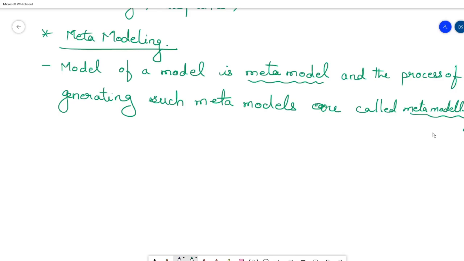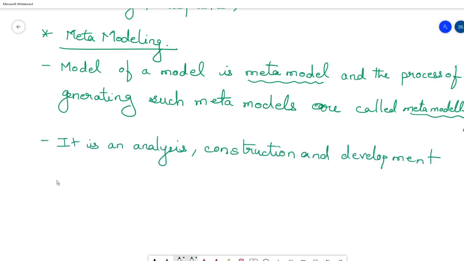construction, and development of frames, rules, and theories applicable.